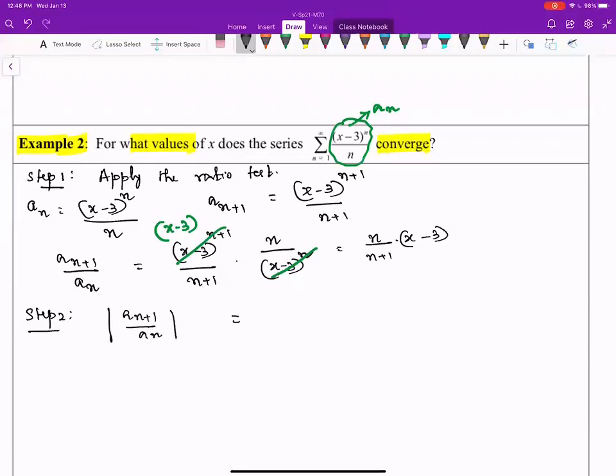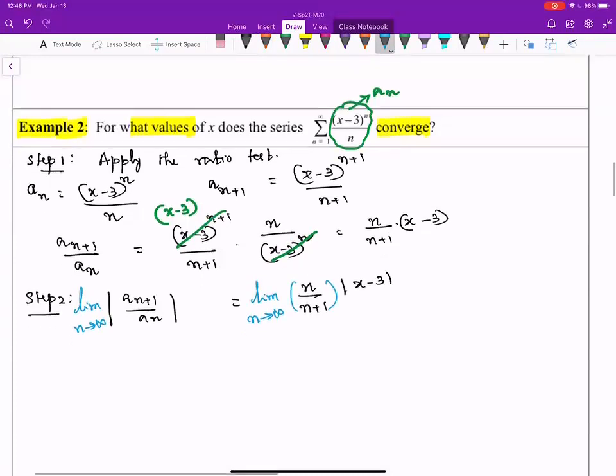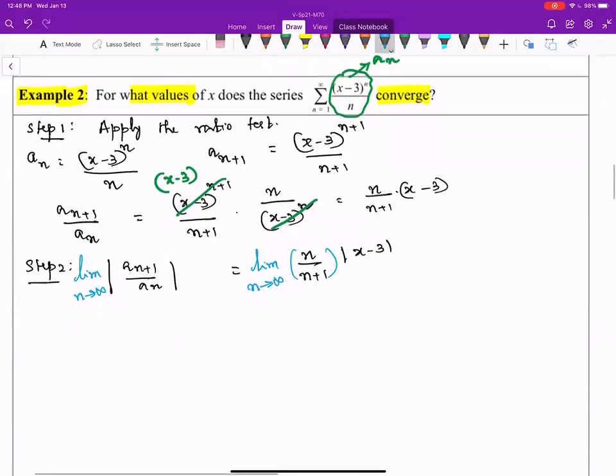Then we are going to take the limit. So it is n over n plus 1 times absolute value of x minus 3, as n approaches infinity. Because we are allowing n to approach infinity, we're going to divide the numerator and the denominator by n.